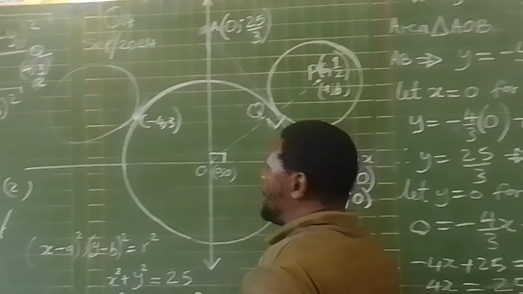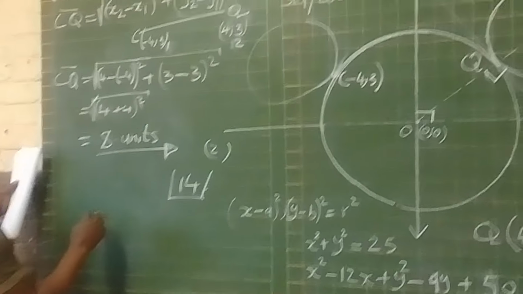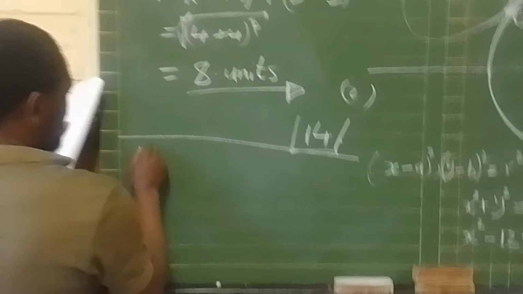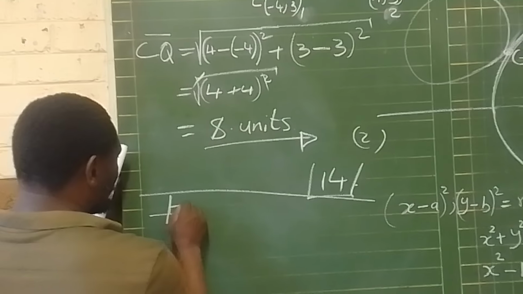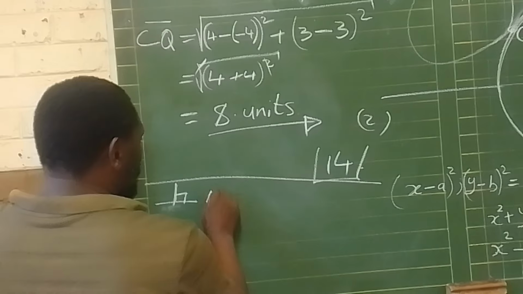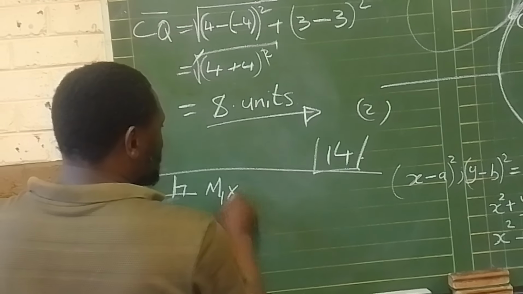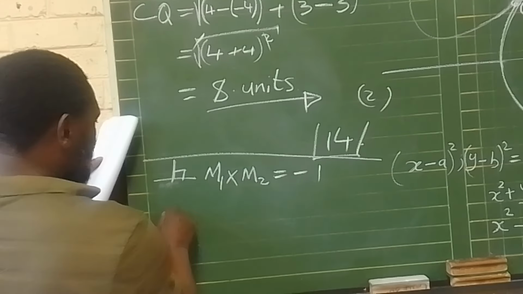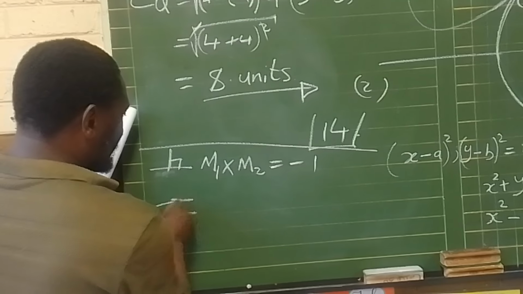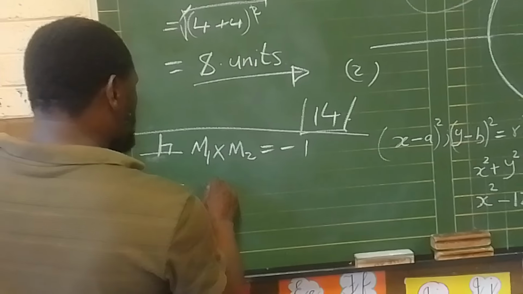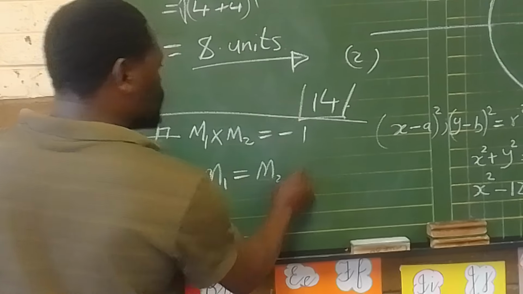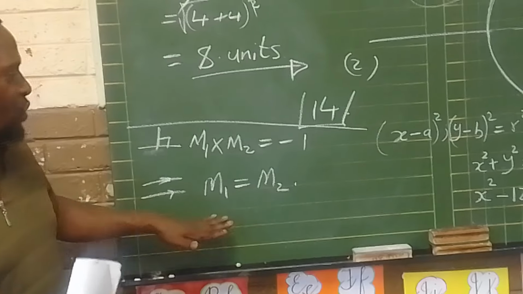So for perpendicular, M1 times M2 is minus 1. If it is parallel, M1 is equal to M2. This is the condition you need to know.